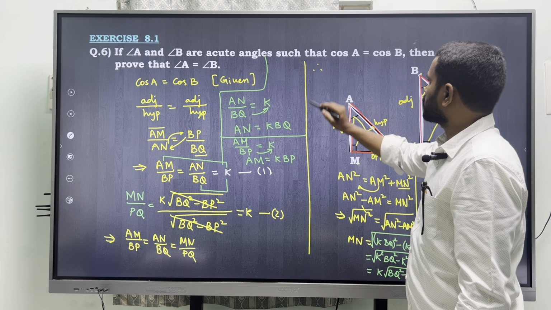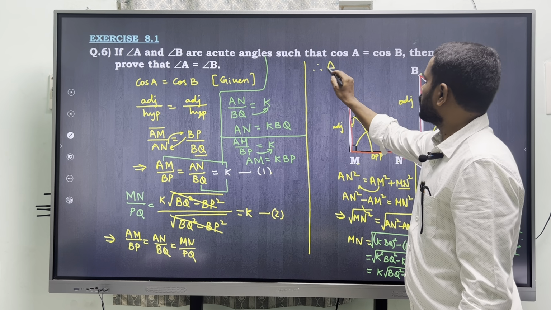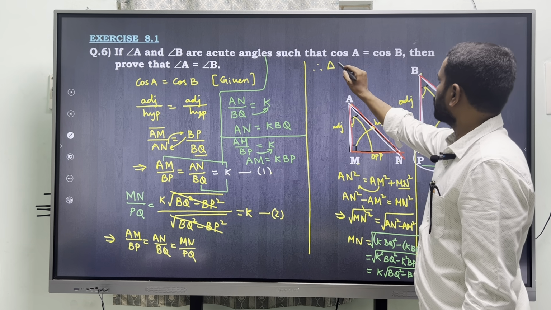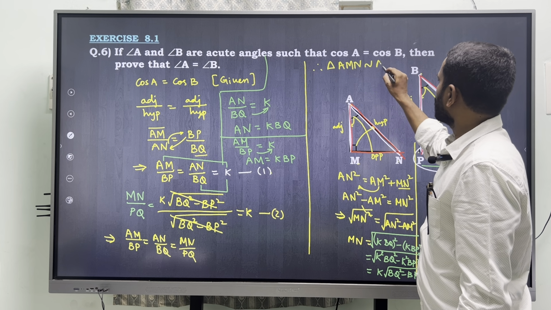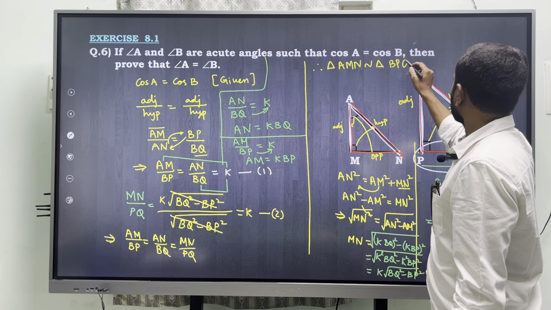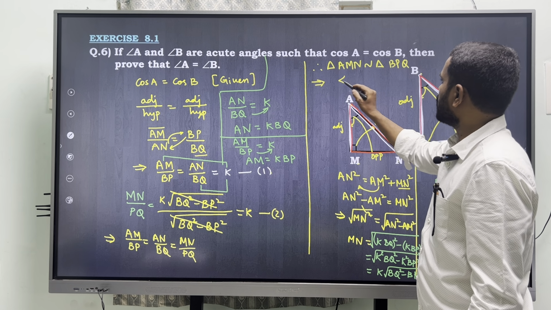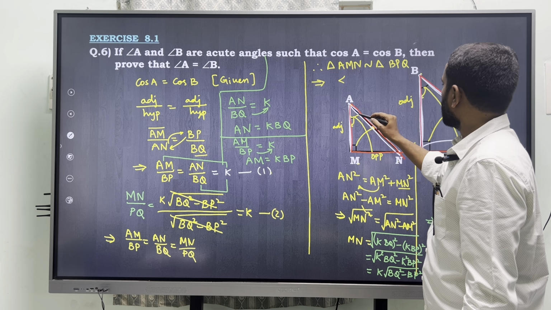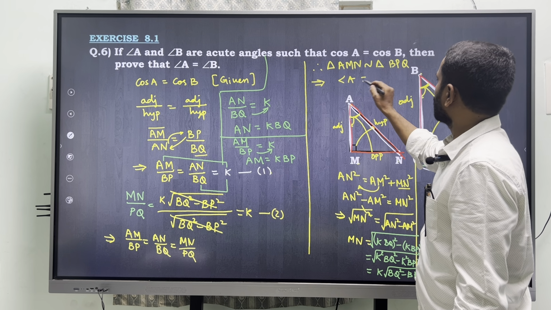Therefore, by the SSS similarity criterion, triangle AMN is similar to triangle BPQ. That implies angle A is equal to angle B. Why?